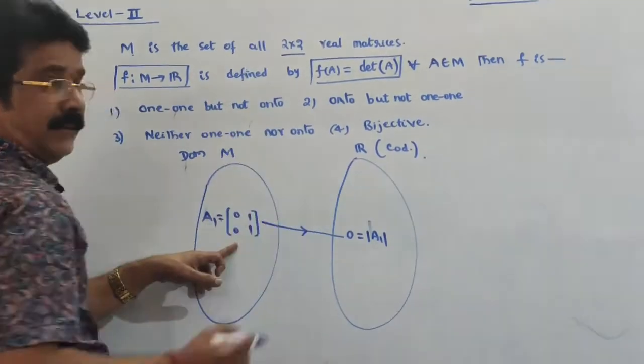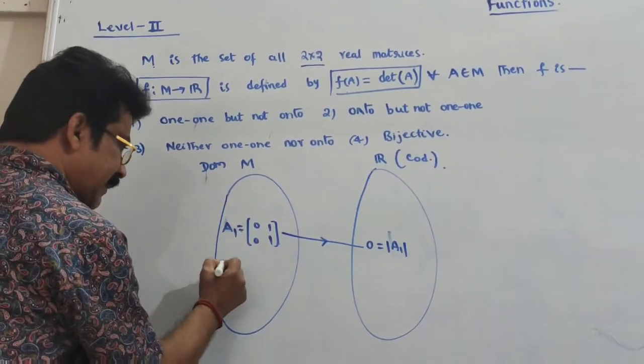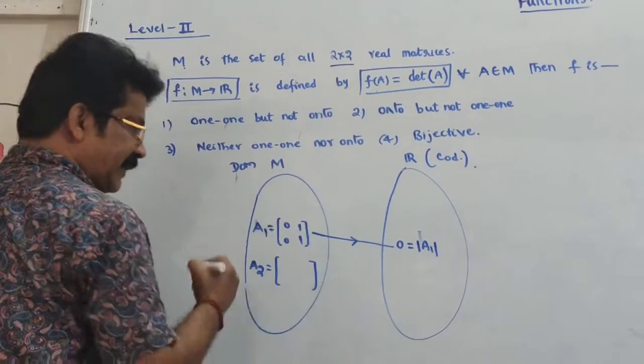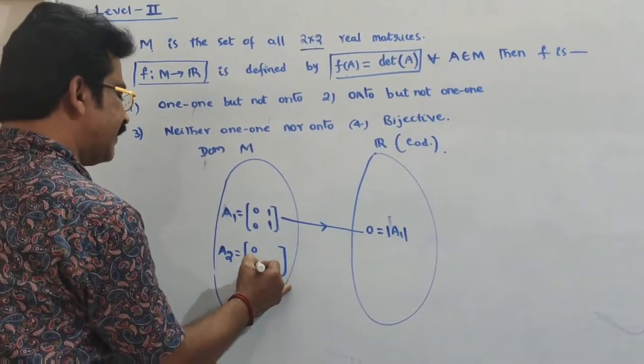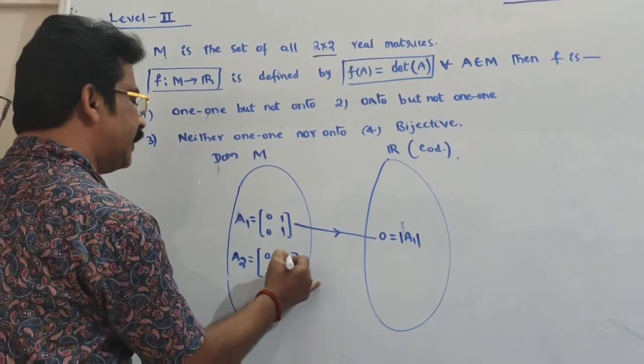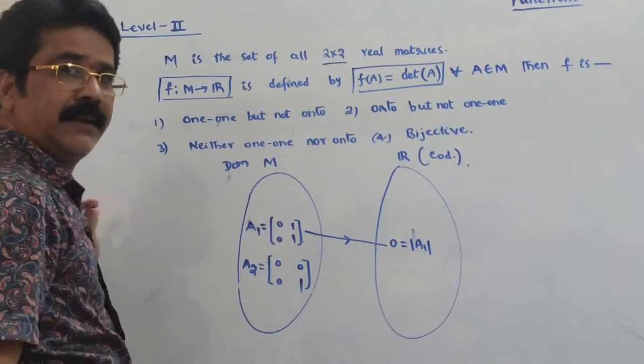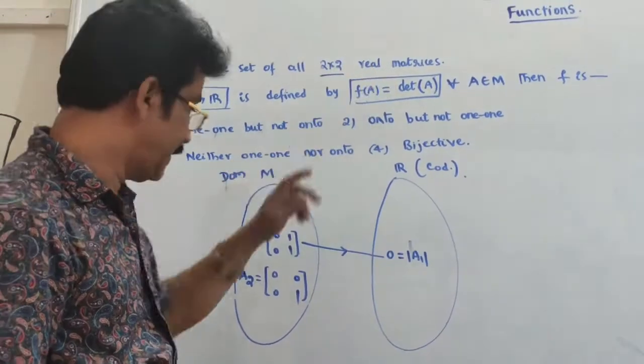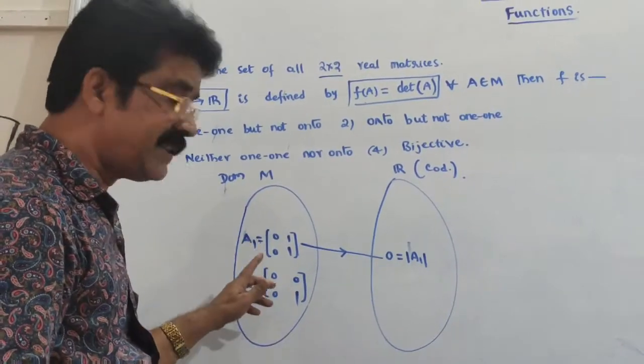Next, let us take another different 2 by 2 matrix, 0, 0, 0, 1. It is also a different matrix with real numbers as members.